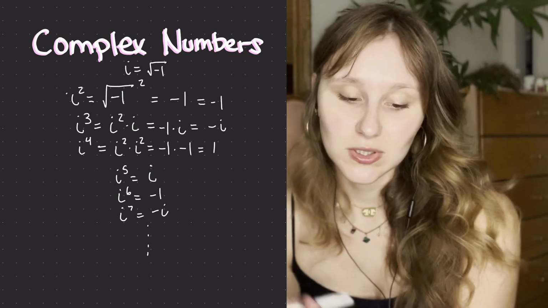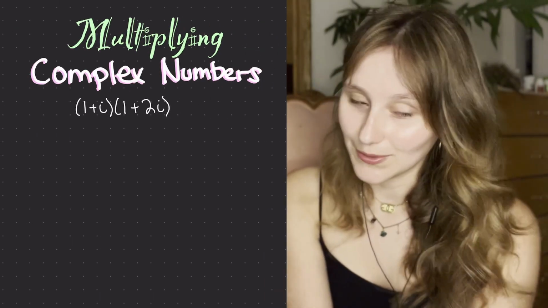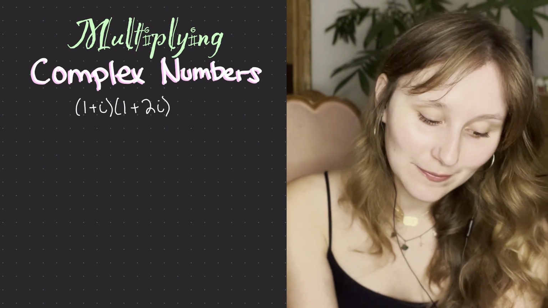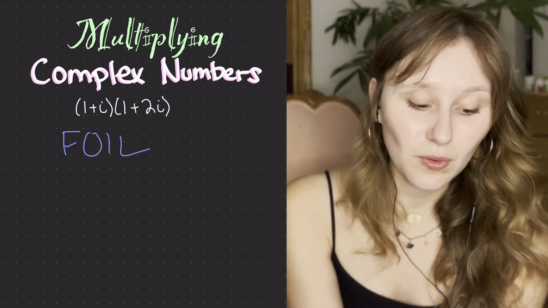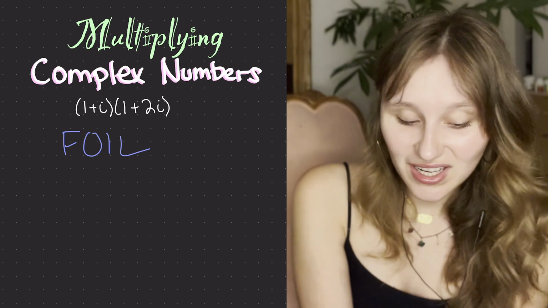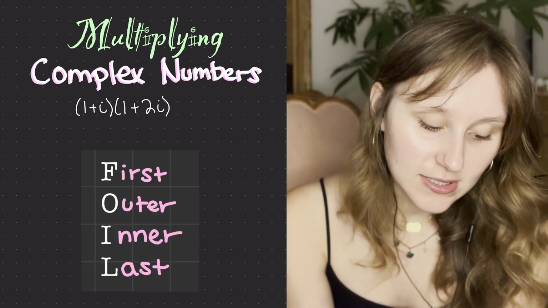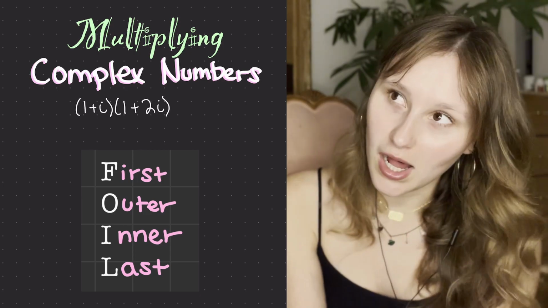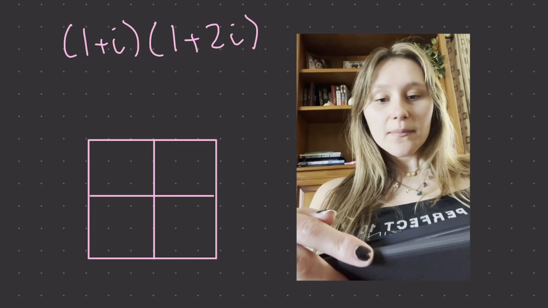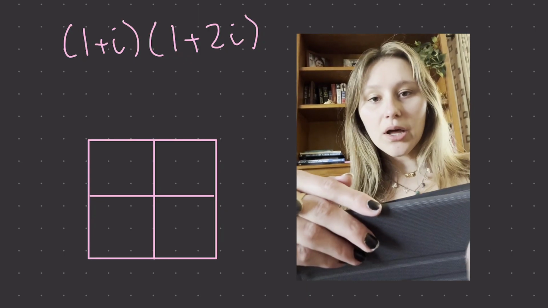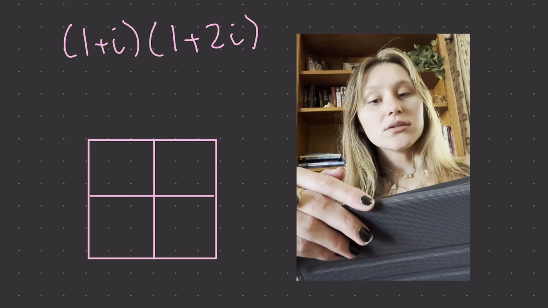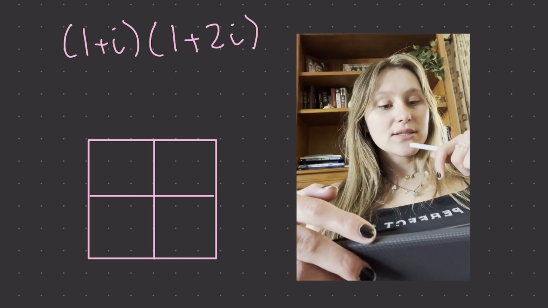Now let's get into multiplying and dividing. If you remember FOIL from 5th grade, we're going to do that: first, outer, inner, last. Excuse my appearance, I'm sick right now, but there's another way that they're teaching this these days.